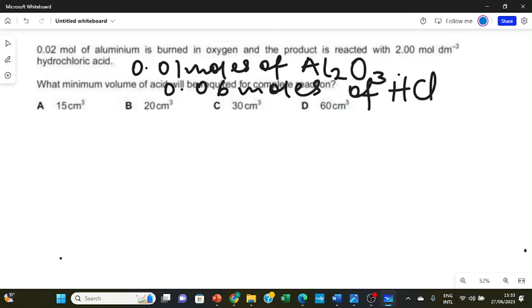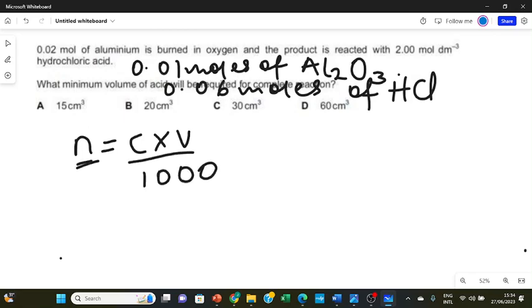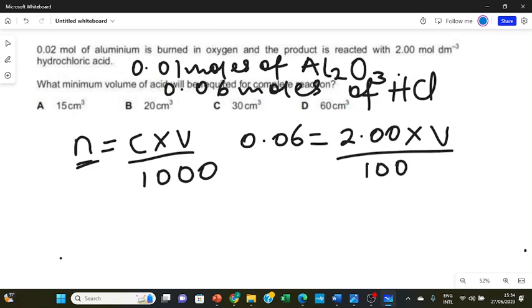So using the formula n is equal to C times V over 1000, where n is the number of moles of the hydrochloric acid, C is the concentration of the hydrochloric acid, and V is the volume that we're asked to calculate. So we now have 0.06 is equal to the concentration of hydrochloric acid, which is 2.00, times the volume over 1000.